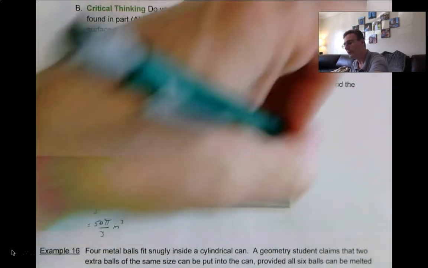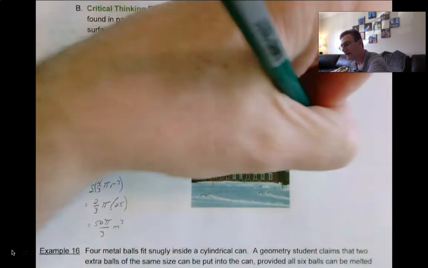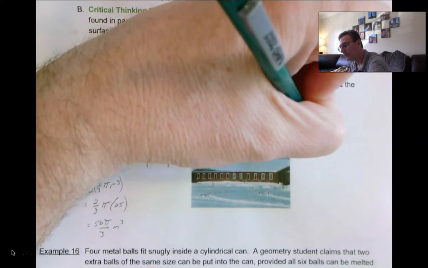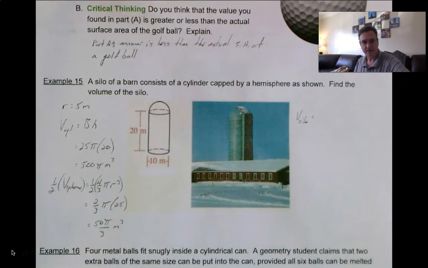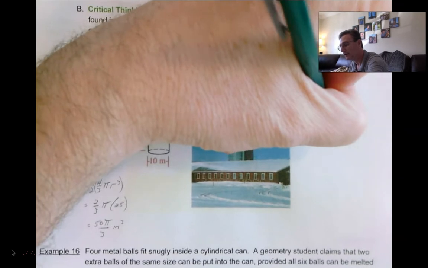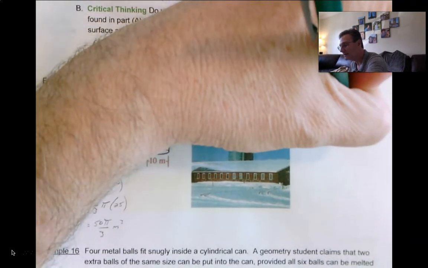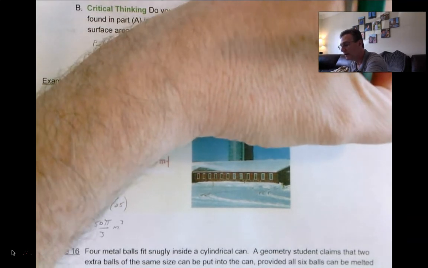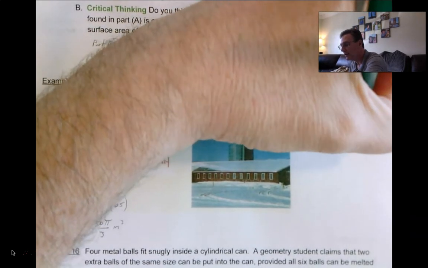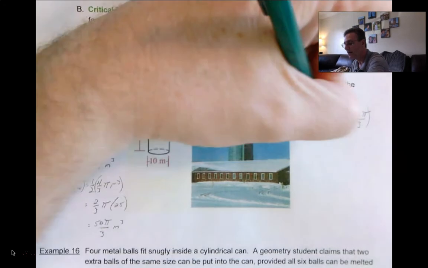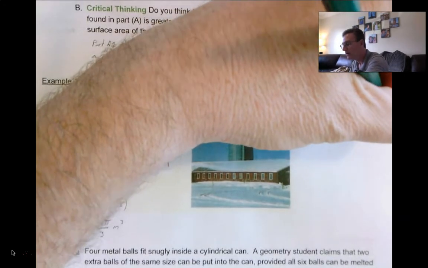So the volume of the silo is equal to 500 pi plus 50 pi over 3 meters cubed.